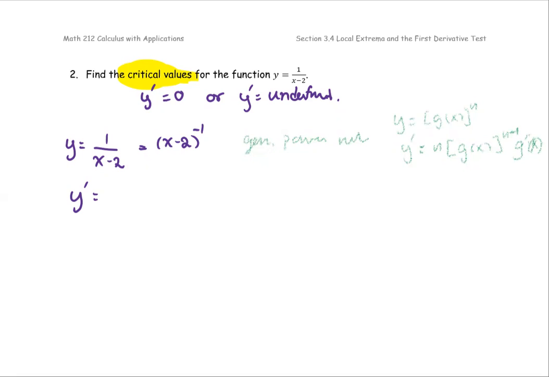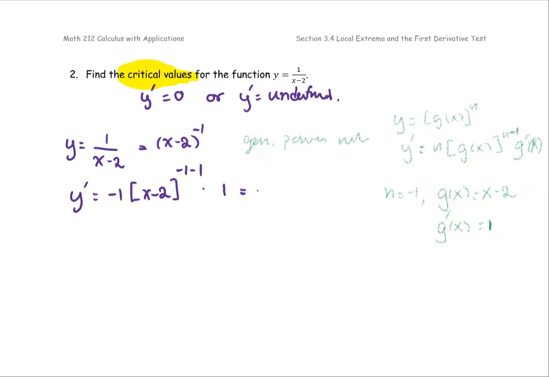For our case, n is -1, g of x is x minus 2, and that means g prime is 1. Bringing everything back into the formula: n is -1, the quantity g of x is x minus 2, the power is -1 minus 1, and we multiply by the derivative of g, which is 1.